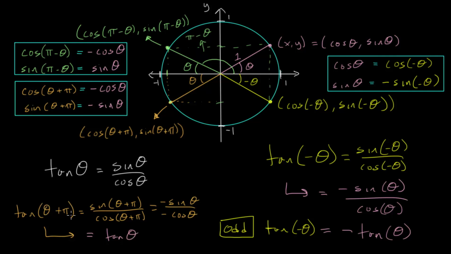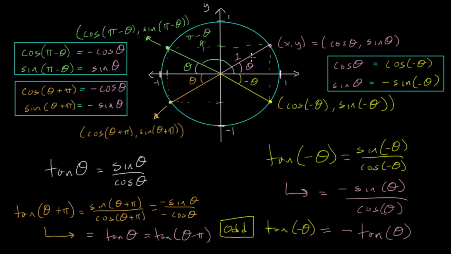Meaning that if we add pi, and this also works, I should mention, if we subtract pi, in both cases, we get back the original function. And the reason I say that subtracting pi also works is that this angle here can be expressed in two different ways.